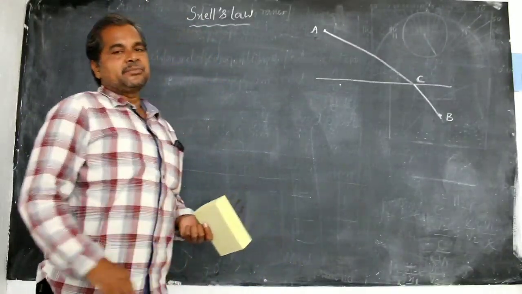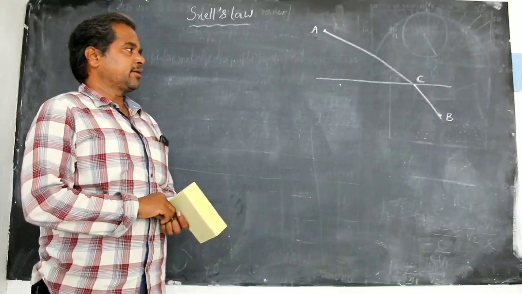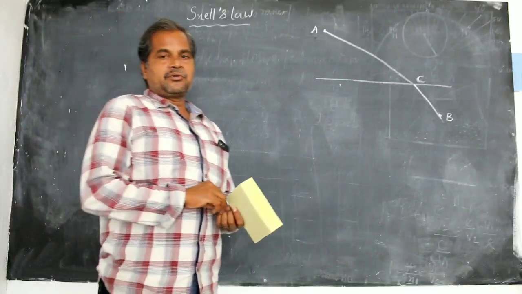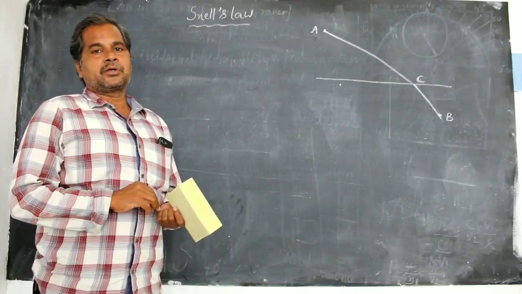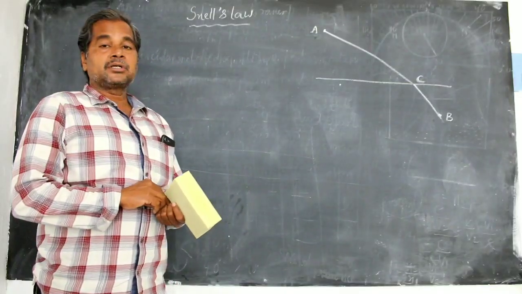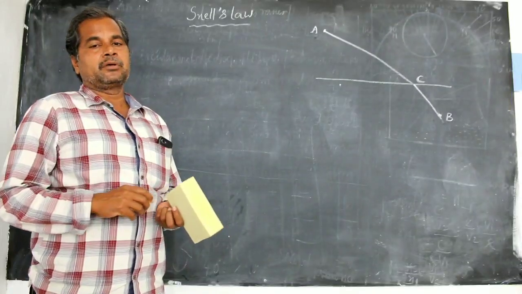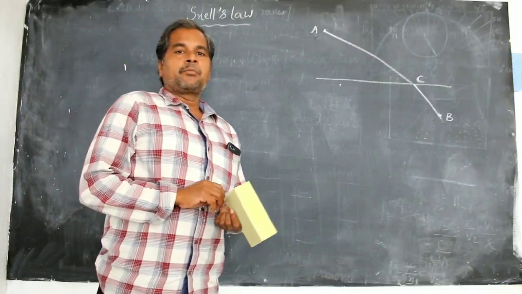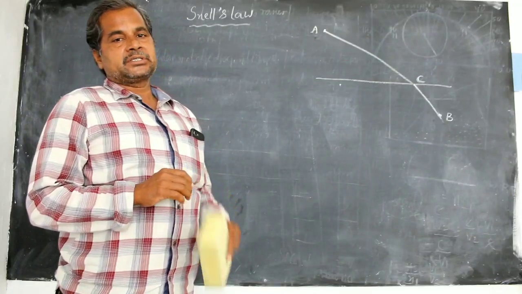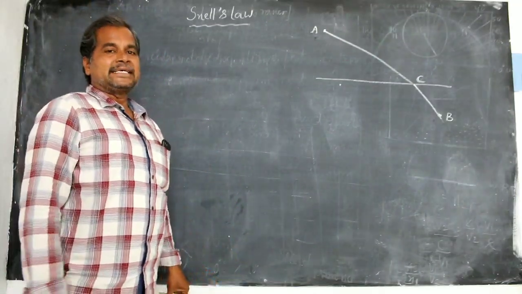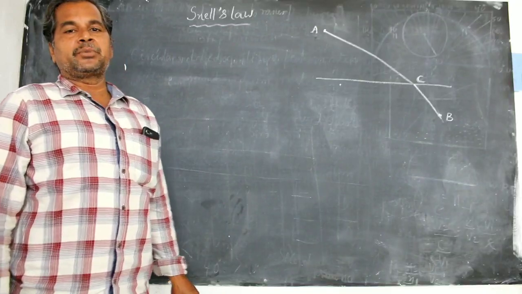Assume that ACB is the least time path. Here you get one doubt: how can you clarify that the ACB path takes the least time to travel from point A to point B? By using mathematical approximations, we can find that ACB is the least time path.